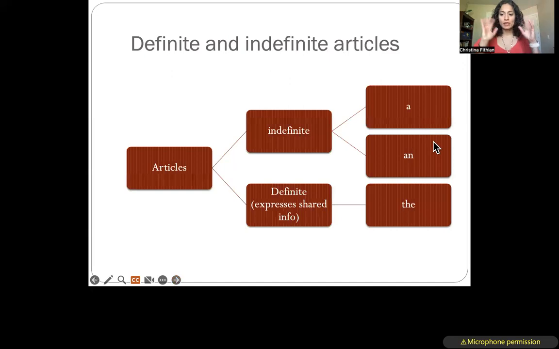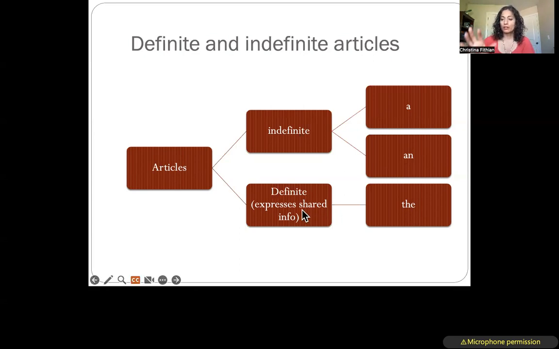Now, a and an mean the same thing. We just use an in front of words that begin with a vowel because we don't say a apple, we say an apple, but it means the same thing as in a table. So these are indefinite articles. And then we also have definite articles. There's only one definite article and it's the.